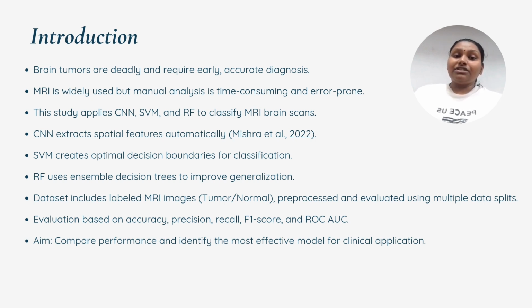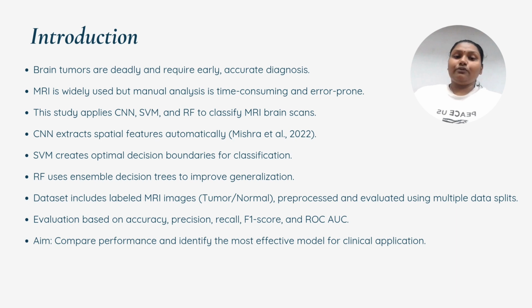We tested three models: CNN, SVM, and random forest. CNN is good at learning features from images automatically. SVM works well with smaller datasets and helps separate different types of data. Random forest combines many decision trees to make predictions.